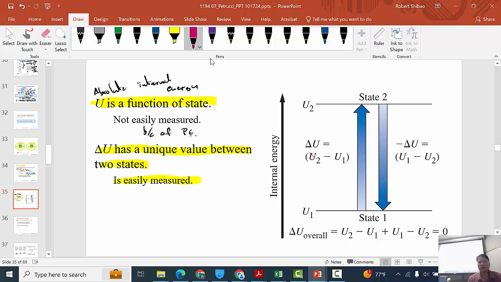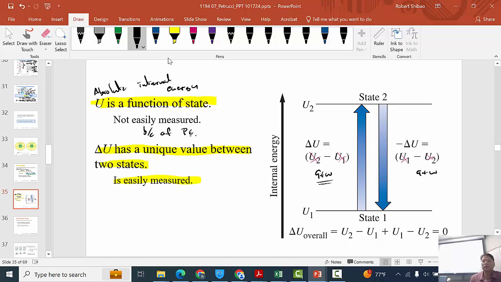And so what that means is we don't determine U1 and U2. Instead, what we do is we determine Q and W. Q plus W can be measured or determined. And so this is also going to equal Q plus W over here.